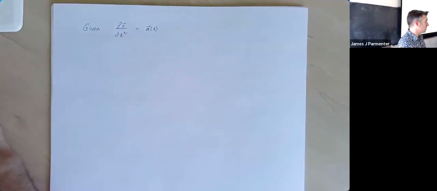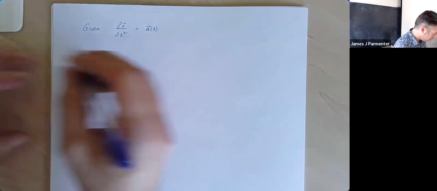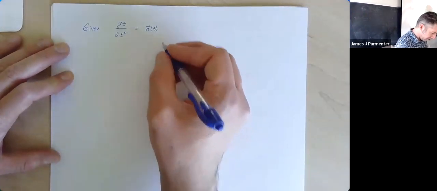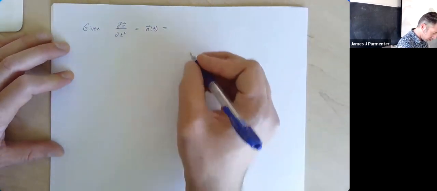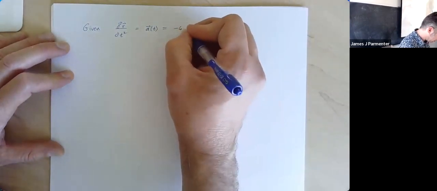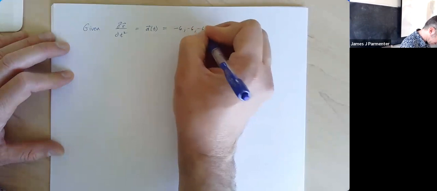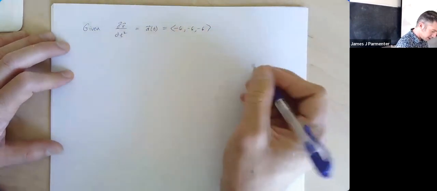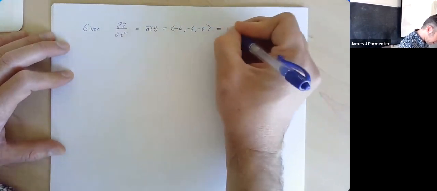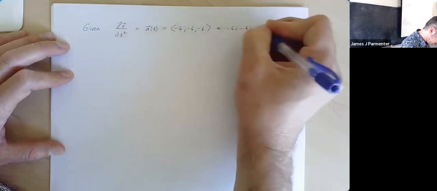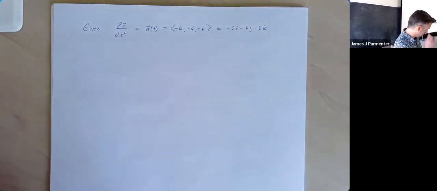The second derivative of position is typically thought of as acceleration. So we're given that the acceleration of this particle is equal to <-6, -6, -6>, or you can write it as -6i minus 6j minus 6k. Either way you want to write it.